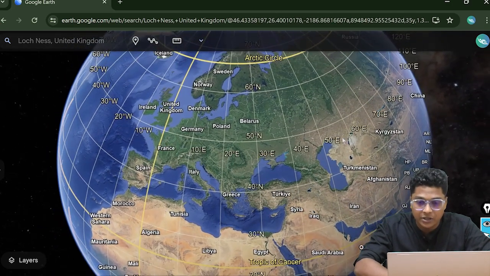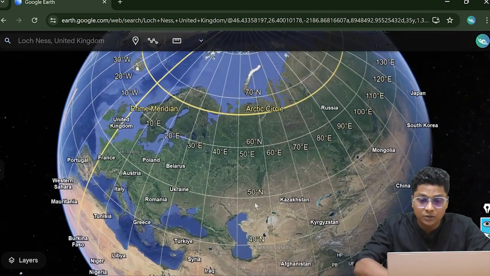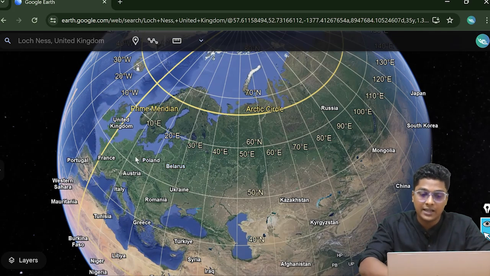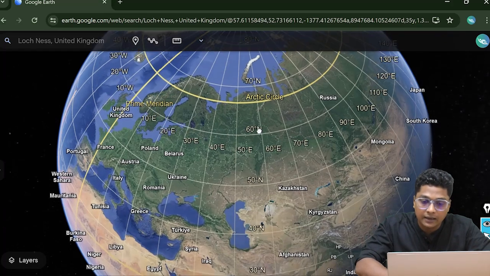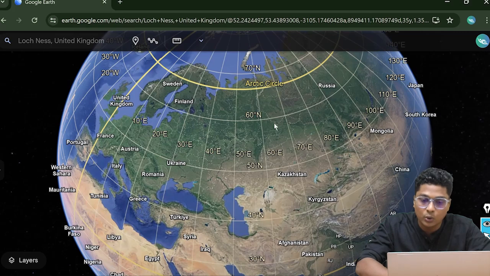Now the next region here, as I told you, as you can see here, Europe is connected with Asia. So this entire region is not Europe, okay? So you can see here this stretch around 70 degree longitude. Here we can see this region is the Ural Mountains.